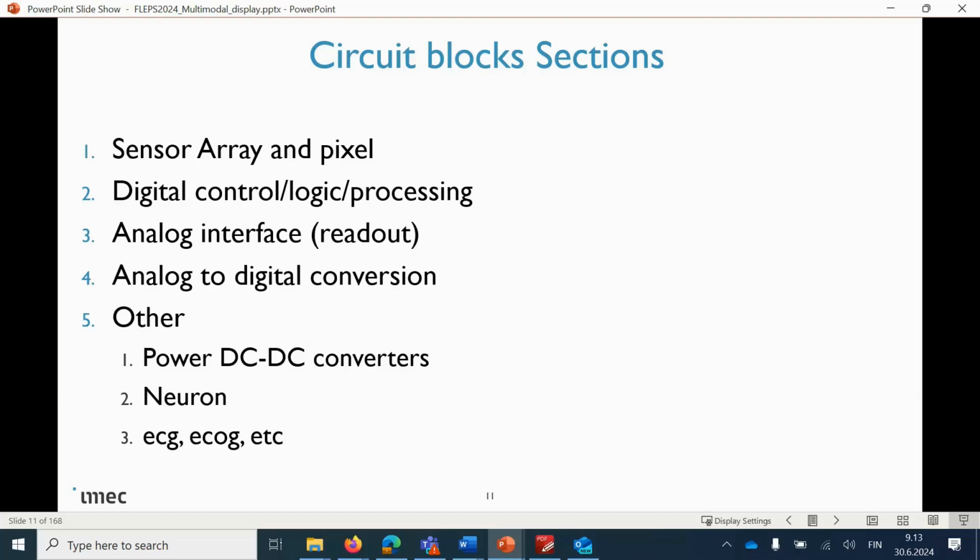And at the last part, I hope we have time to also talk very briefly about some, let's say, latest applications where TFT have shown, and publications people have made publications presenting power DC-DC converters and neurons for HAI or ECG, etc.